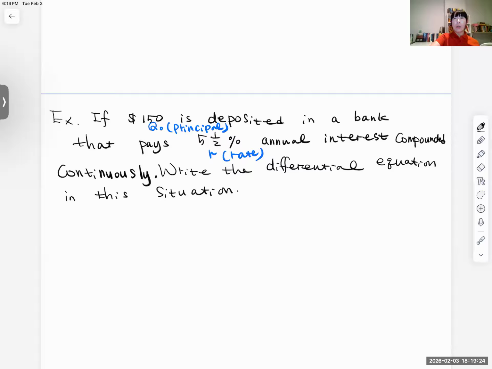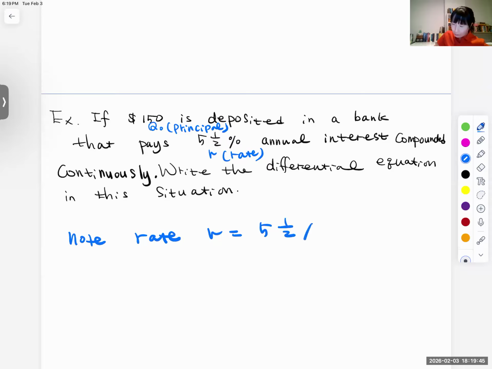All right, so let's talk about the rate first. Let me write down a note: rate R equals 5.5%. Since for rate we use decimals, how do we convert percent to decimal? We divide by 100.